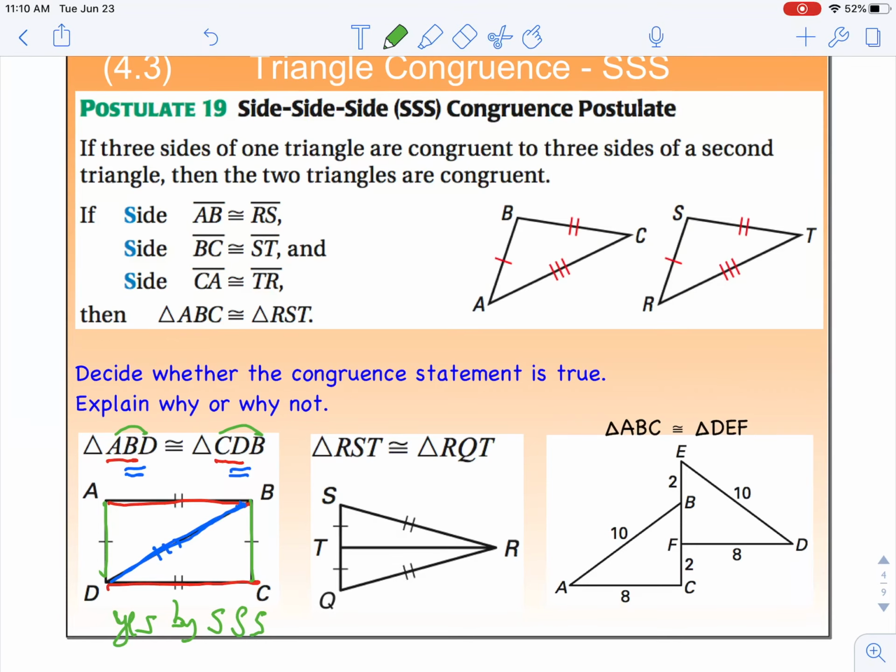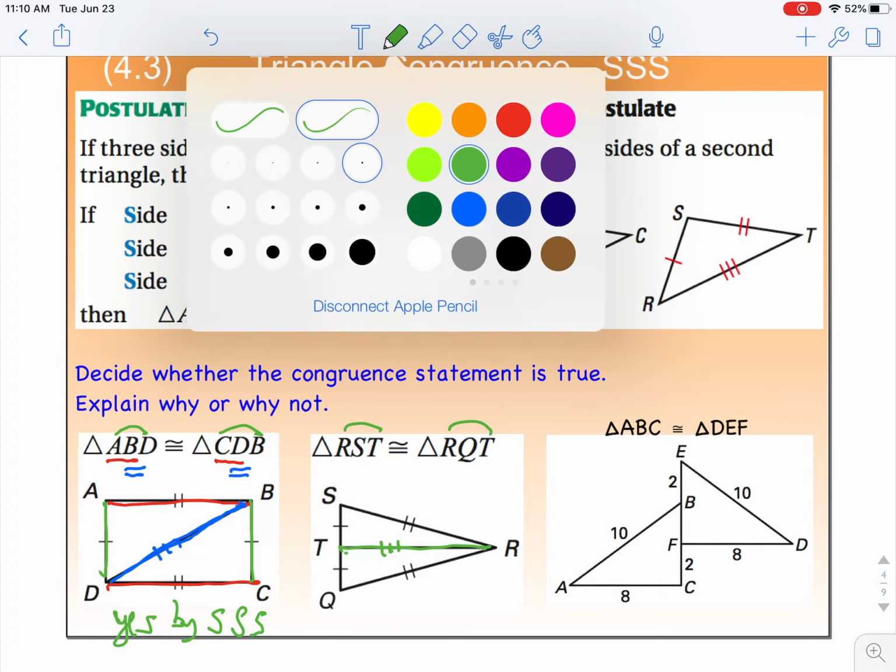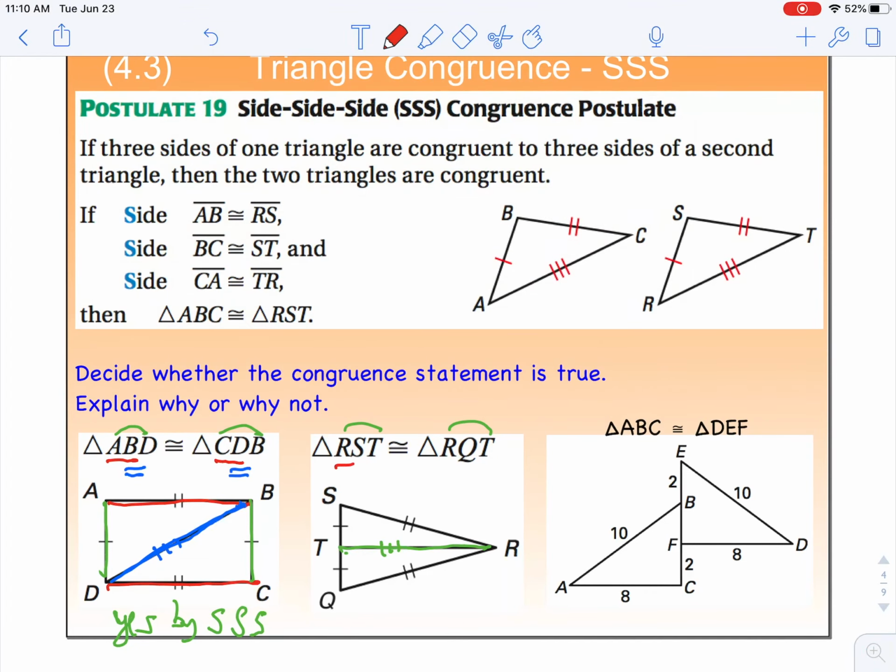Let's look at the next one. If we're going to prove these are congruent, we would have to show that RT is congruent to RT. Again, notice that is the same in each triangle. It's going to be congruent to itself. Then we check the other sides, RS and RQ. Are they marked congruent?